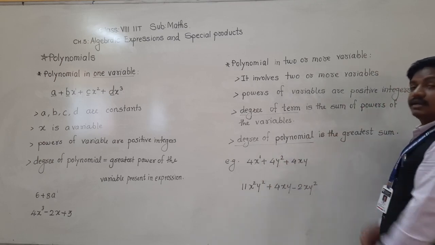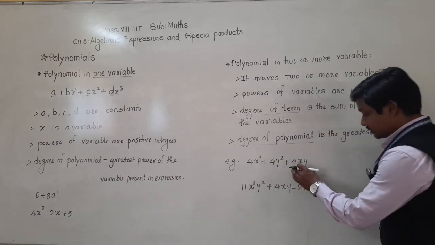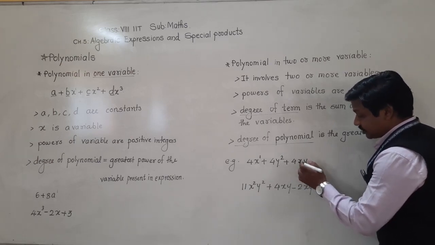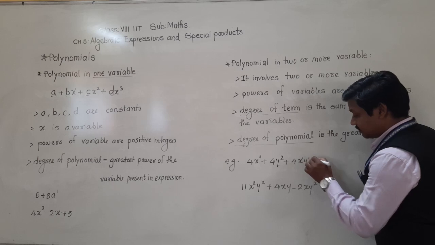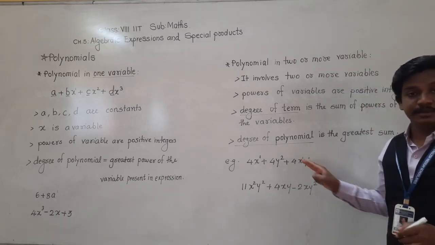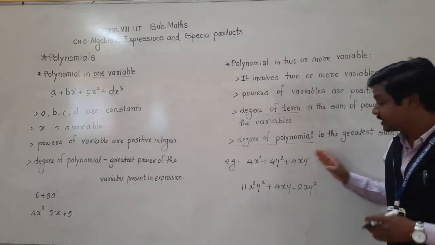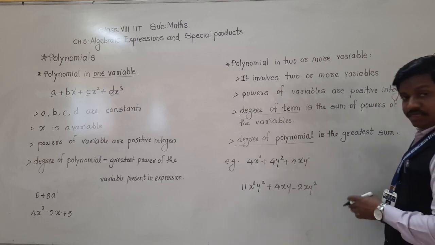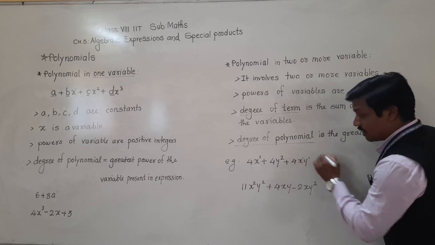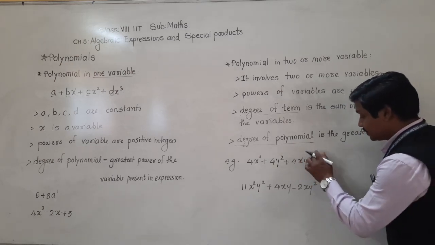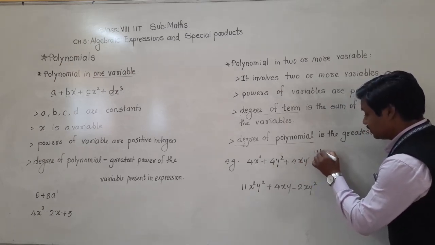But in the third term there are two variables, x and y. x has power 1 and y has power 1. So what is the degree of this term? Can you guess? 1? No. The degree of this term is the sum of the powers of both variables, that is 1 plus 1, which is 2.